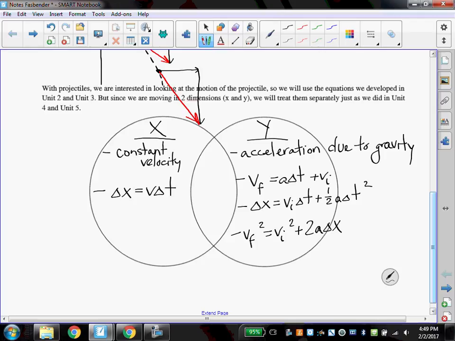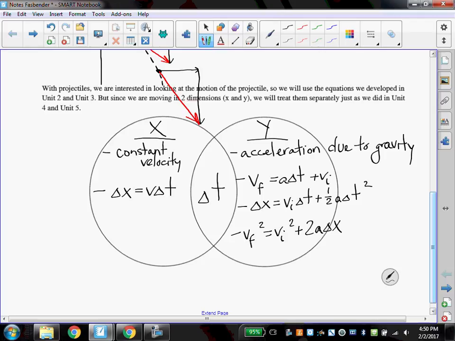We care whether we are moving to the right versus moving to the left. There's a big difference between moving right and left. So we need to look for something that is independent of direction. And the only thing that is common between these two circles that is also independent of direction is time.